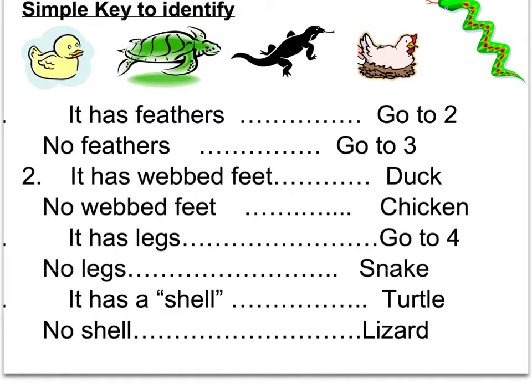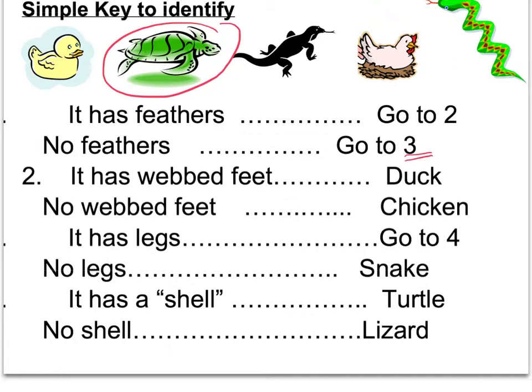Here's an example of a very simple dichotomous key. If we look at this dichotomous key and we look at this organism here, let's pretend that we've never seen this organism. We're going to start at number 1. Does it have feathers? If it has feathers, you'd go to number 2. But it looks like this organism doesn't have feathers, so we are going to go to number 3.